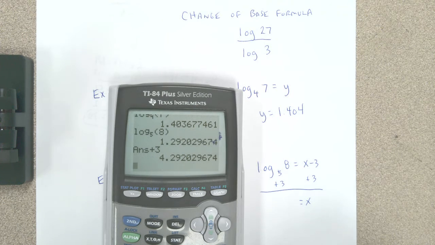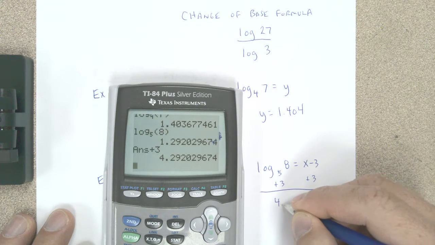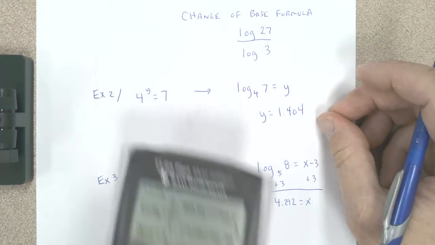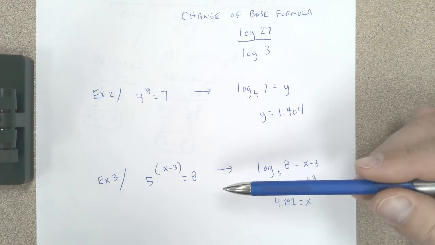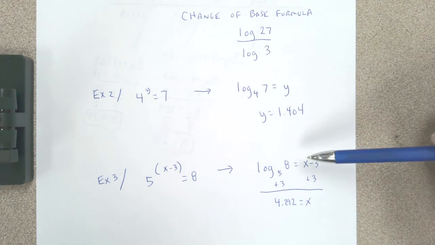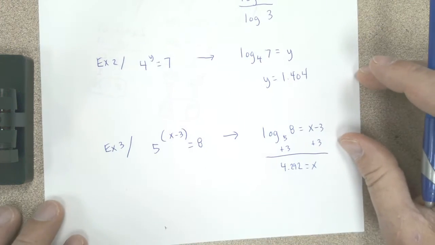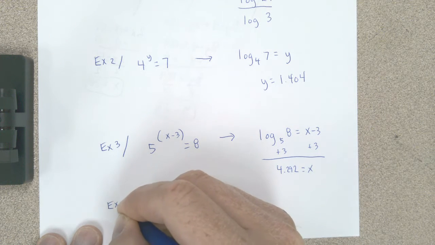When I add 3 to that, I get 4.292 or 4.29 there. Okay, so again, just showing you how we go from exponential form to log form. Hopefully you can also go from log form to exponential form.